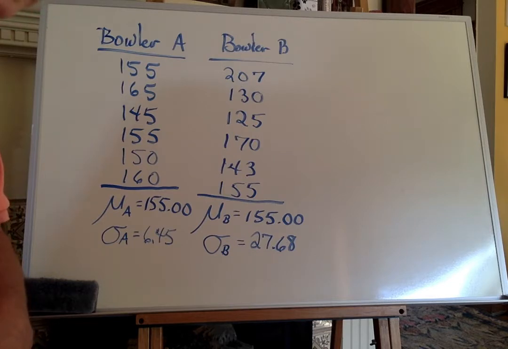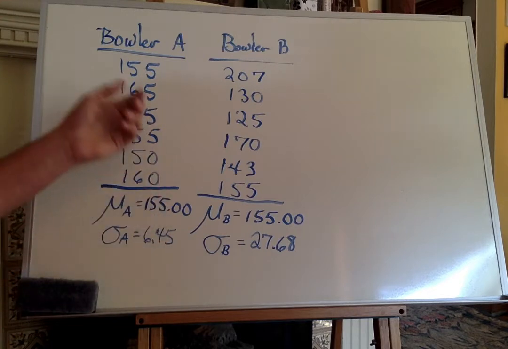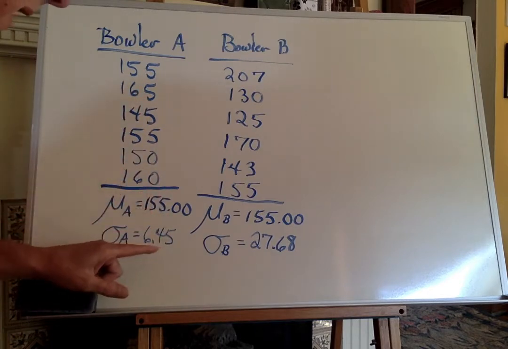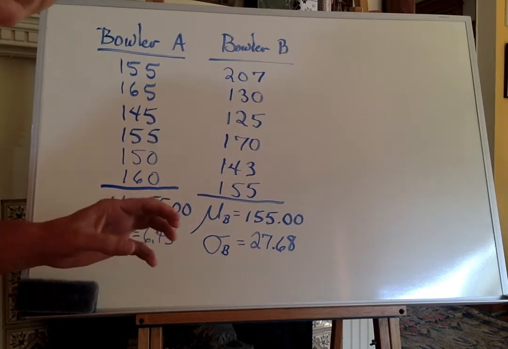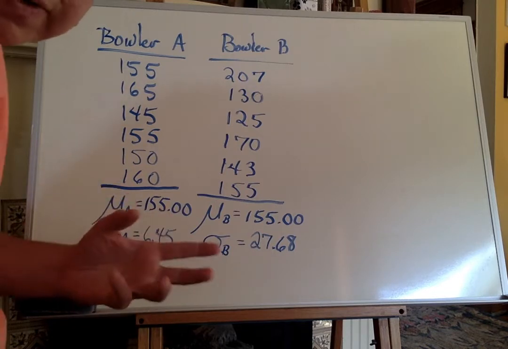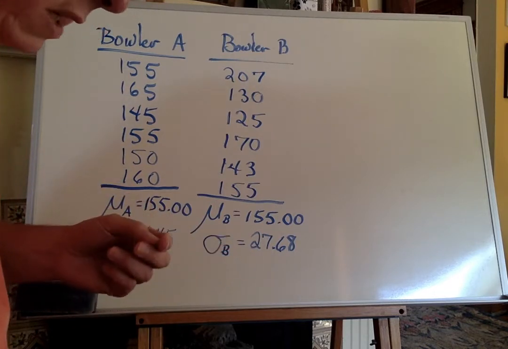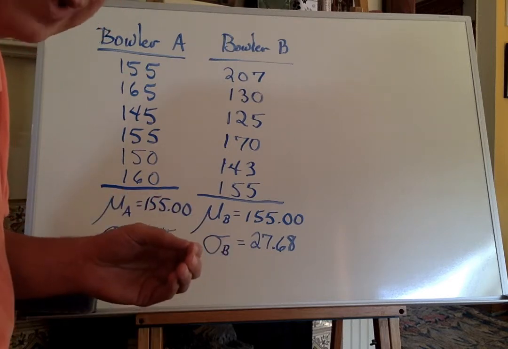And typically, the rationale for that is that bowler A is not as variable, not as spread out, okay? And there's another way to say that, and I hope some of you see this. We can say that bowler A is more consistent, okay?